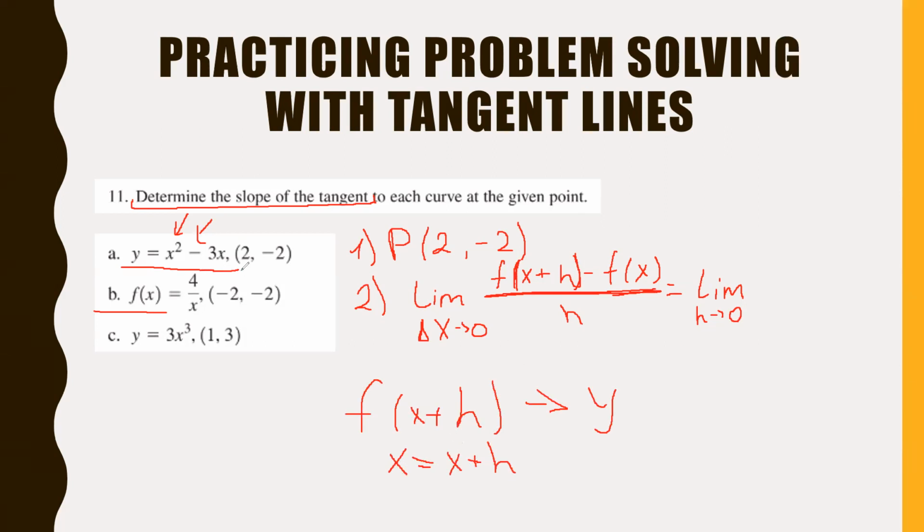Because what you write in the brackets is the value of the variable at a point, right? f of x plus h is the value of the function when the variable takes the value of x plus h. And f of x is the value of the function when x is equal to x, basically. Does it make sense? Okay, yeah.